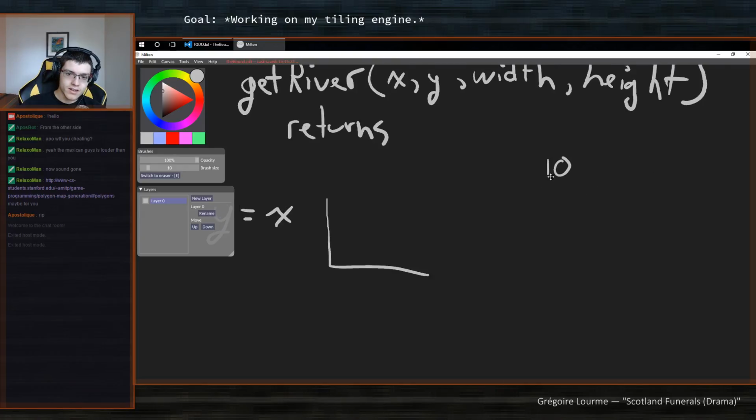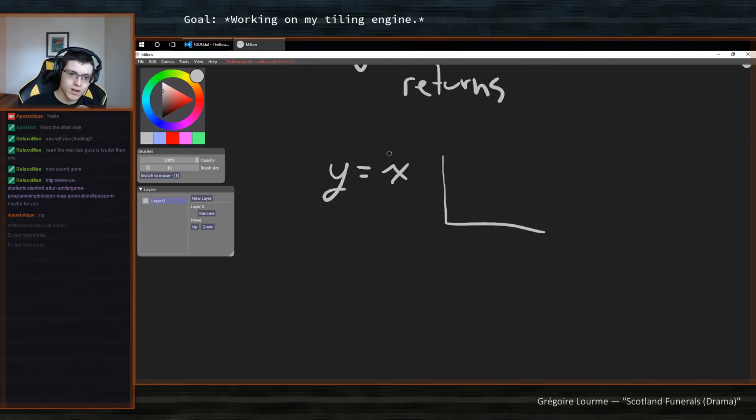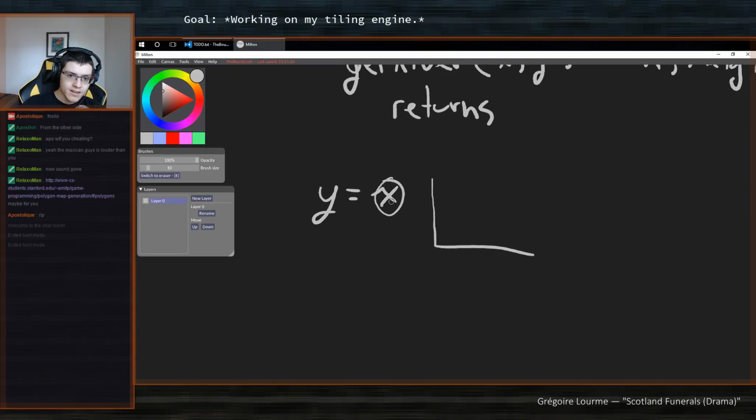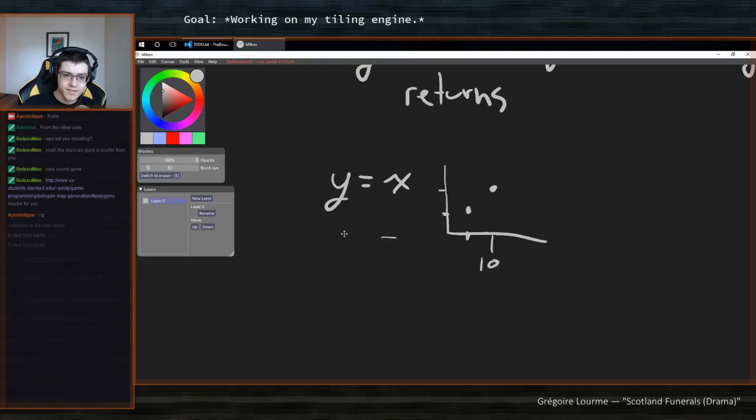Well, since this is simple, when x is 10, I already know that y is also 10. So I don't need to know about any previous values. I don't care what those things are, but I know that this here is 10. I could have looked also for what is 5. If it's 5, well, I also know that y is 5.